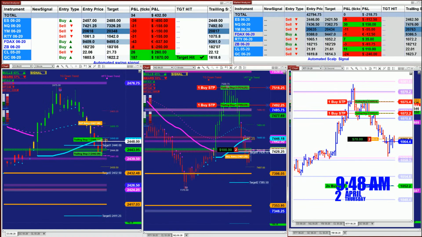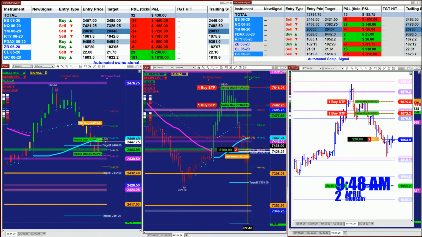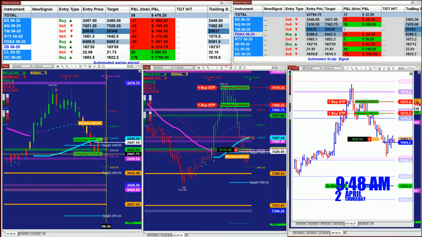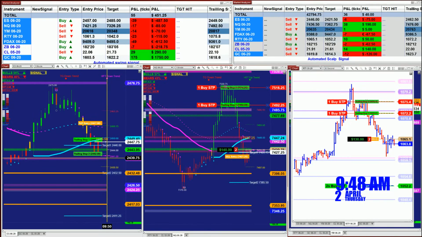But let me tell you why we are in a chop market right now, and you should not follow that trade on the Nasdaq. What happened, the Nasdaq started taking a short trade, and the ES came into the key area, and there is a support area at 2439.75.